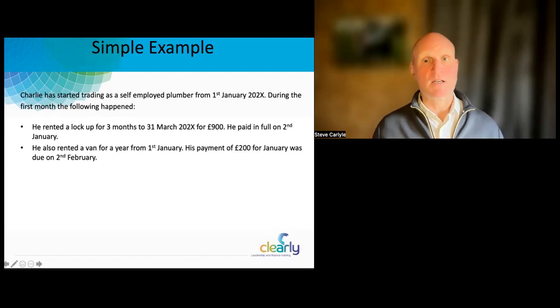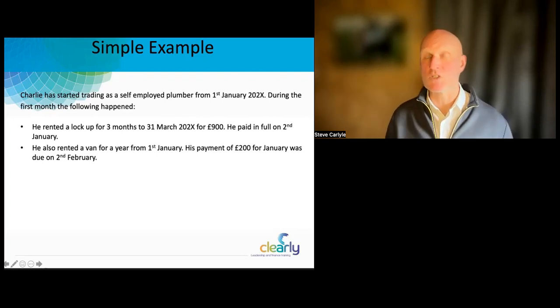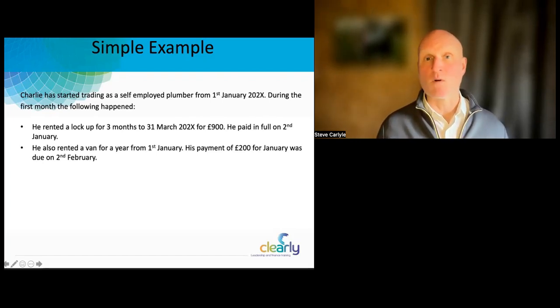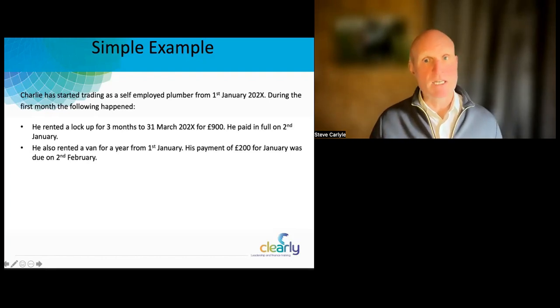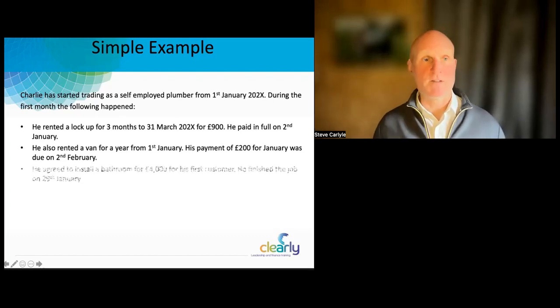The lessor has been fairly kind to Charlie and said, you don't have to pay the first month's payment of £200 until the beginning of February. So Charlie pays nothing out in January on that vehicle, although he's using it for the whole of January. He's due to pay for it, but he doesn't actually pay until the beginning of February.